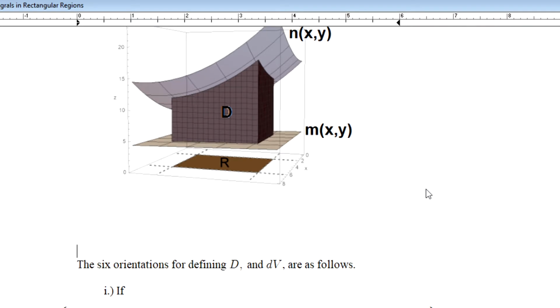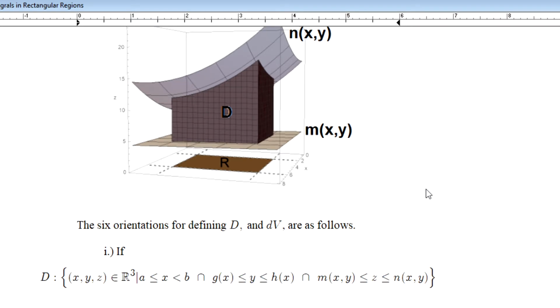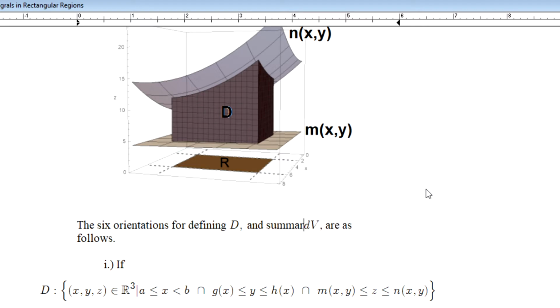As for the 6 orientations for defining D, and I maybe should say here, and summarized by dv, are as follows.